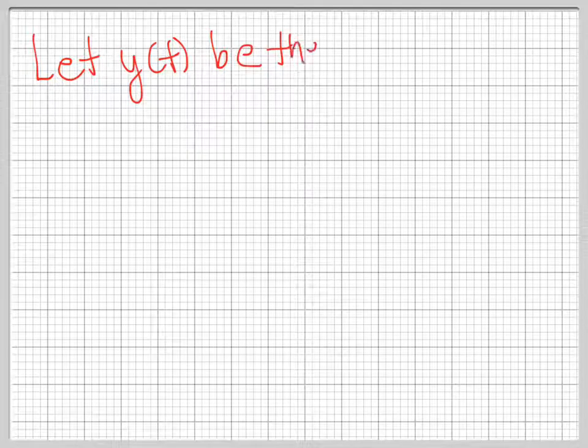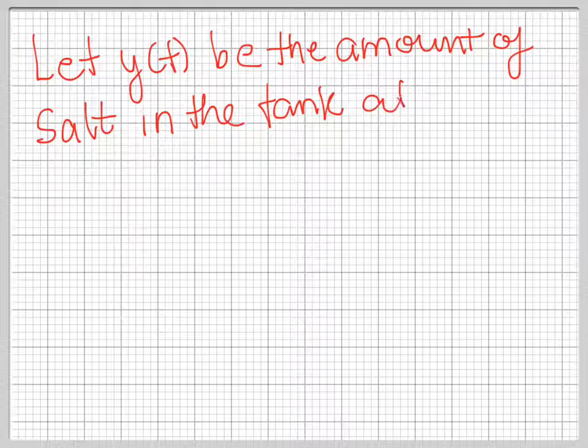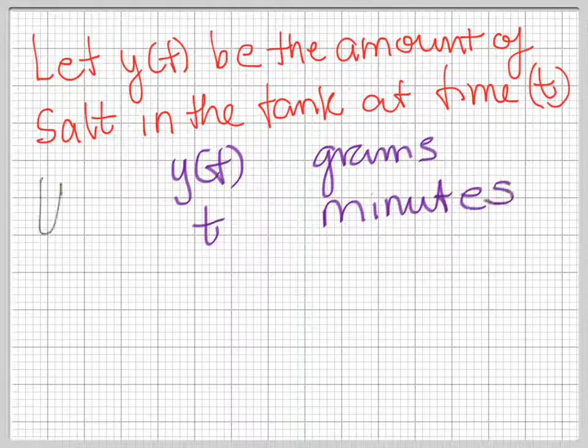Now, let y of t be the amount of salt in the tank at time t. The unit of y of t should be grams and the unit of t should be minutes.